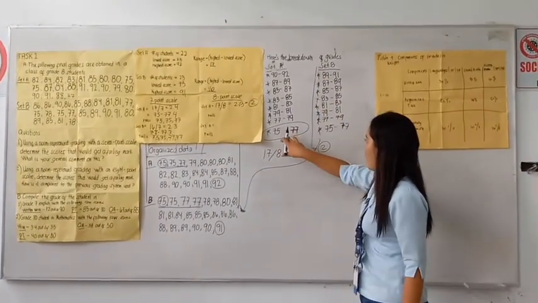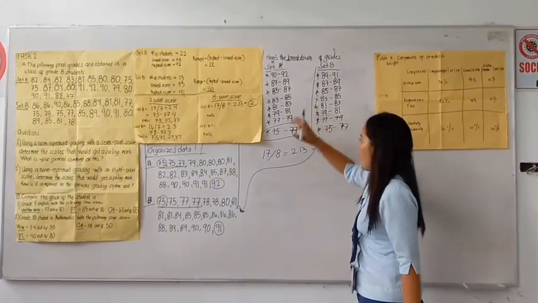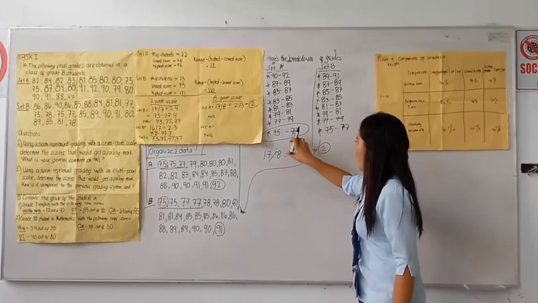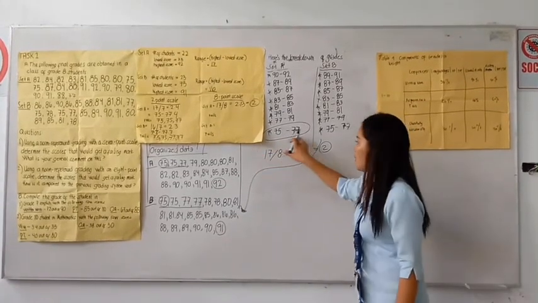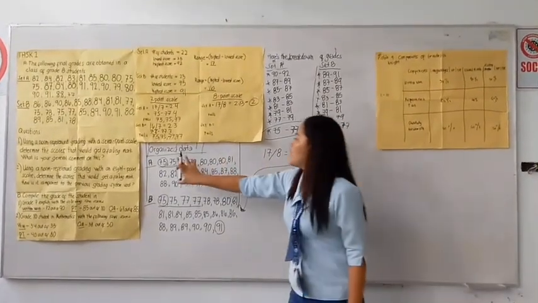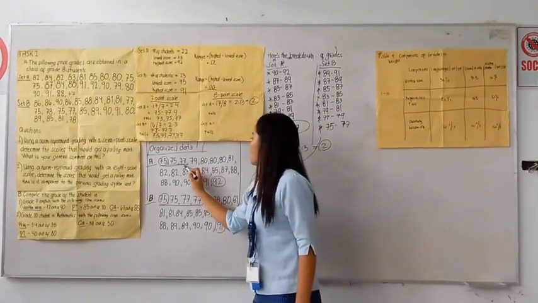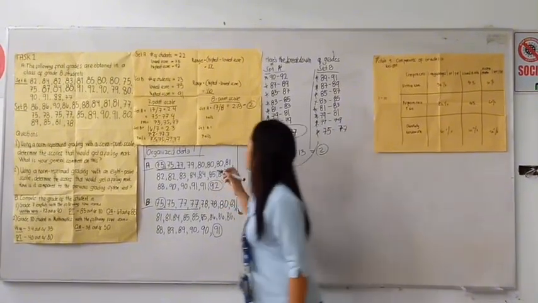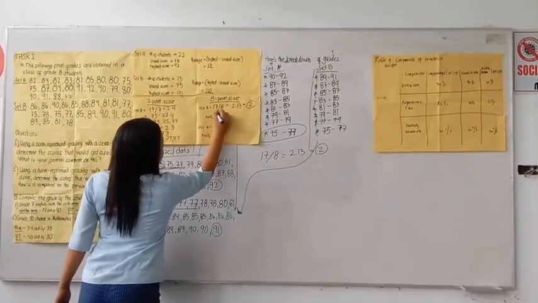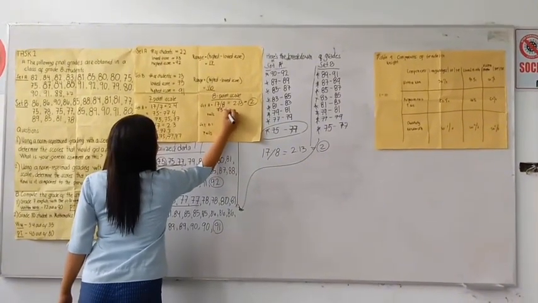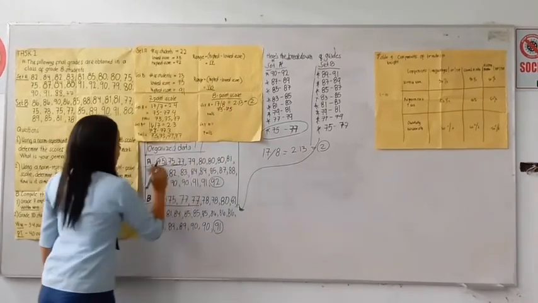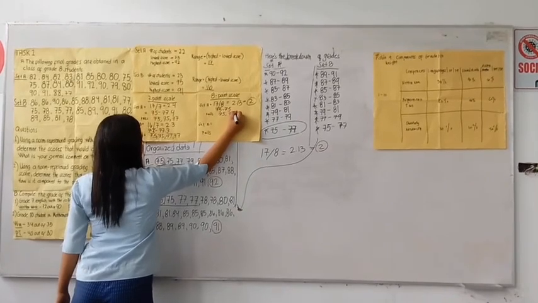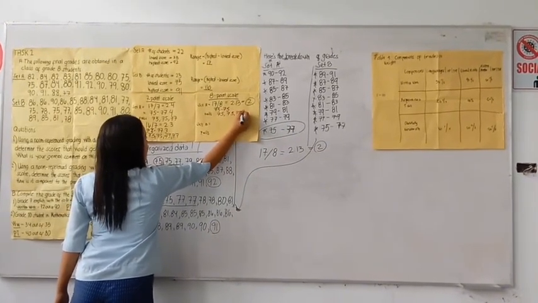The failing grades are 75 to 77. So 3 students failed: 75, 77.